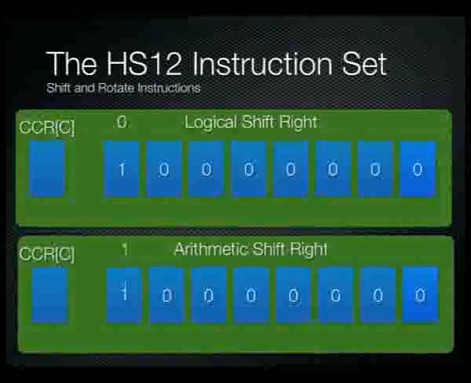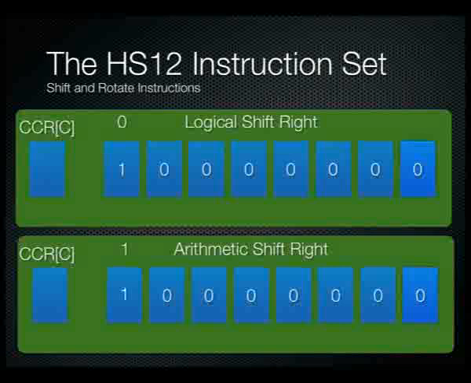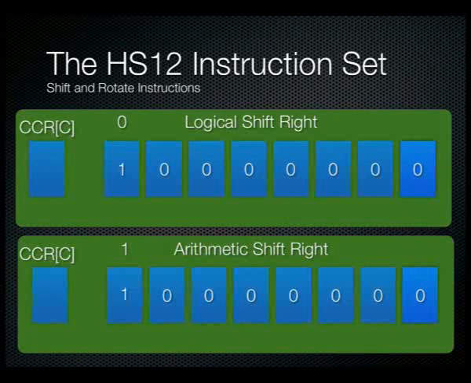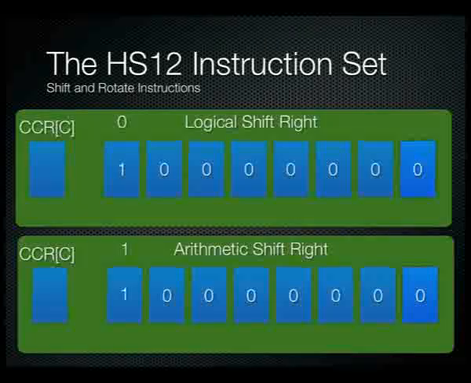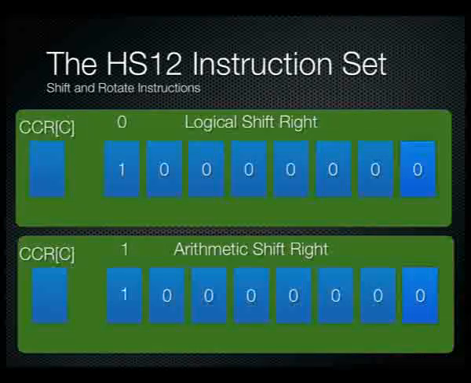Okay, when it comes to moving things right, this is where things start to differ with our arithmetic and logical shifts. So generally, if you're using signed numbers, or if you know whether the value you're dealing with is a logical represented number or an arithmetic number, then it pays to use the correct shifting mechanism.